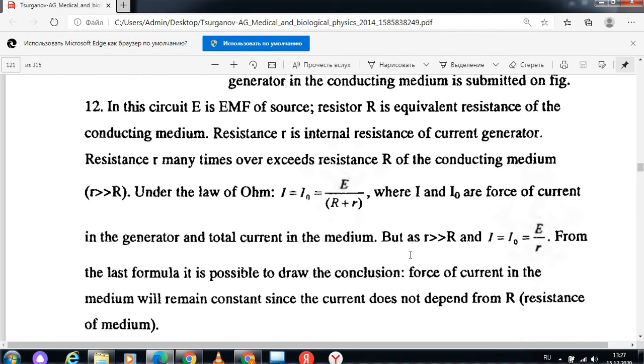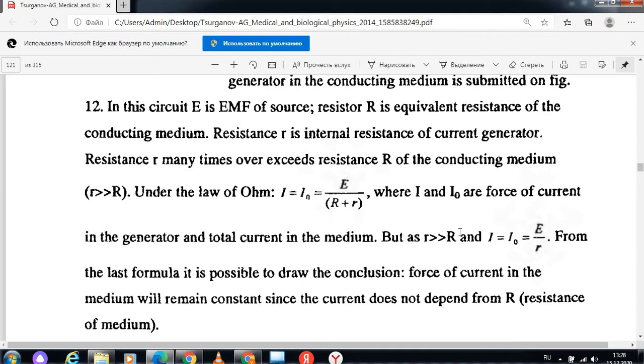But if you have r little much bigger than R, you can rewrite this Ohm's law for the circuit like this: I equals I0. The force of the current in the generator and the total current of the medium will be equal, and they will be equal to the electromotive force of the source divided by the internal resistance r of the current generator.